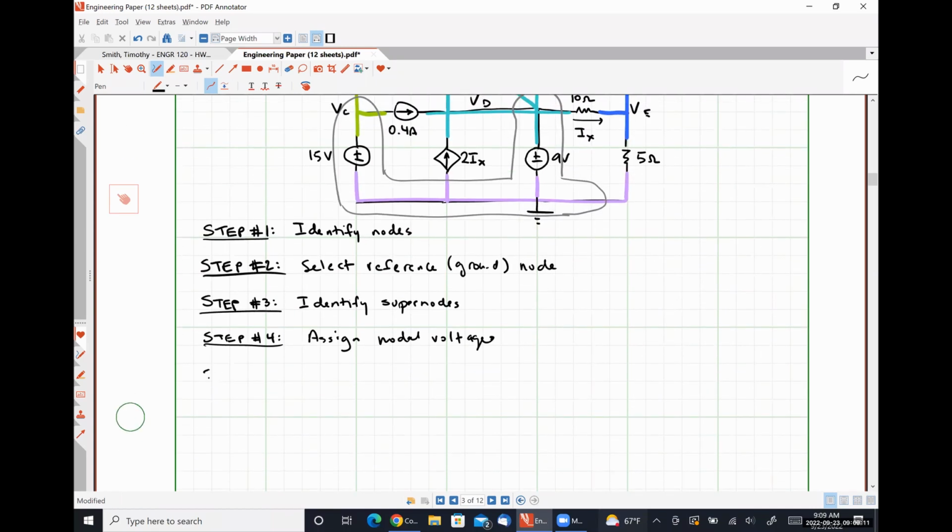Step number 5 is going to be express our controlling variables in terms of our nodal voltages.